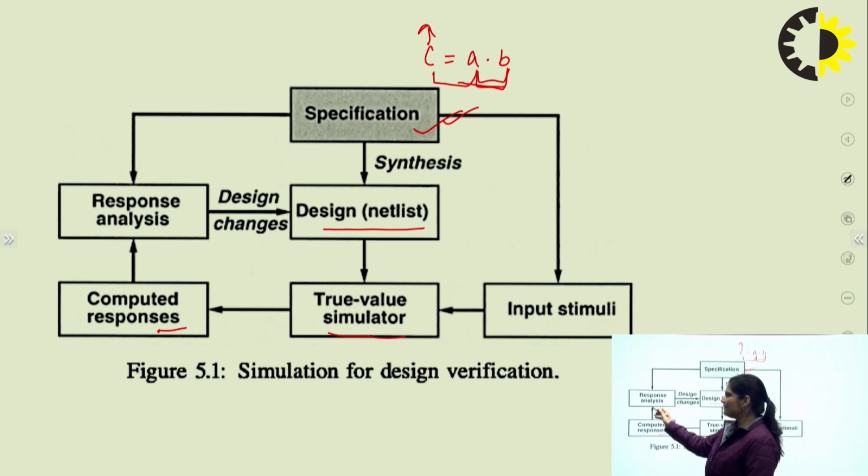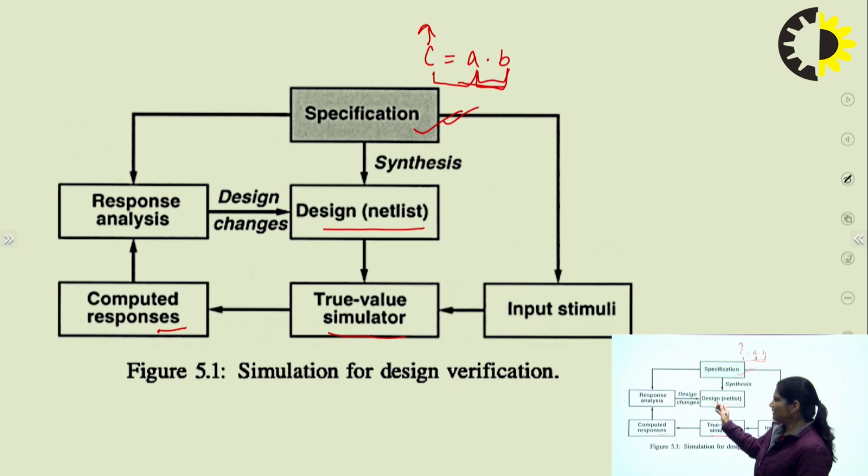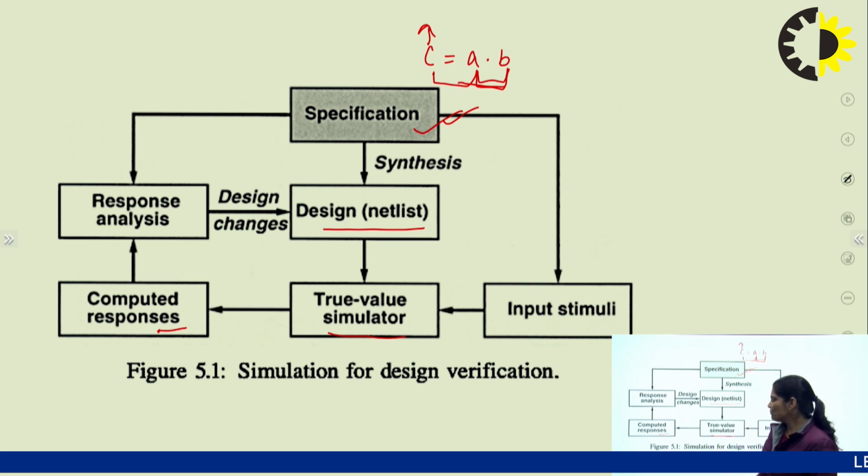If there is an error, then we have to design again, we have to make changes in the design. Here we have to design a netlist, so we have to make changes in this block if we are getting an error. If there is no error, then you will get the correct output. So this is the simulation for design verification.